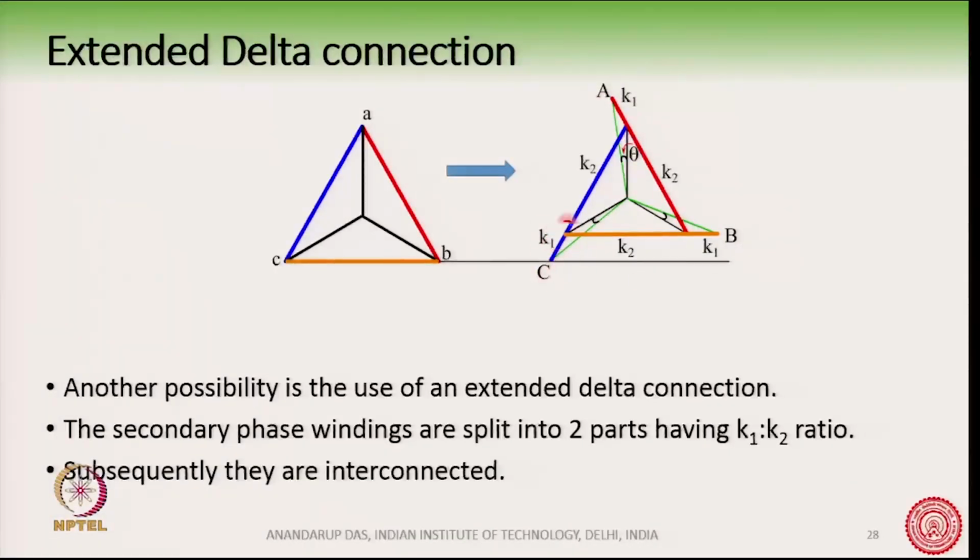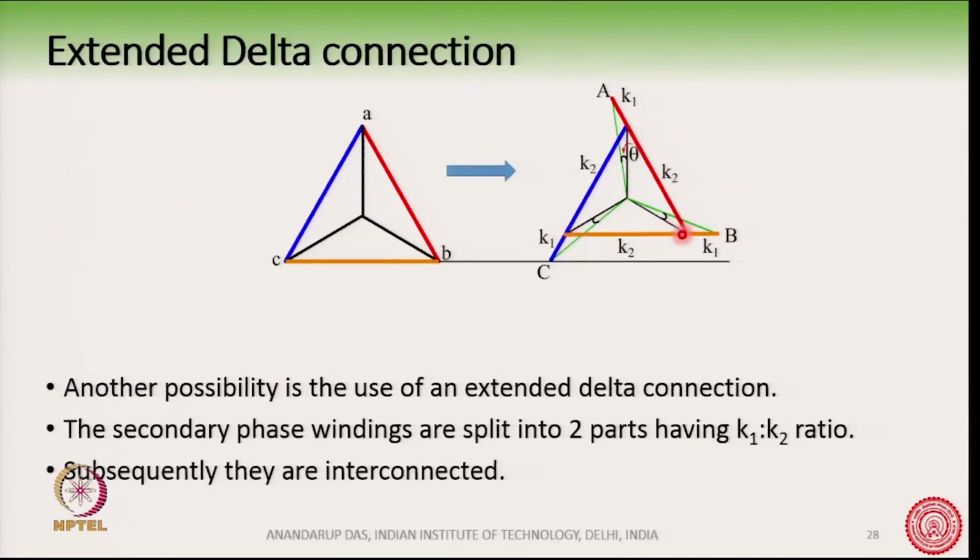You can see here this is the secondary winding. Again you have a K1 and K2 split, that is blue colored, this is the winding, it is split into K1 and K2 parts. This one is split into K1 and K2 parts, and this one is also split into K1 and K2 parts. And now the connection is made like this here.